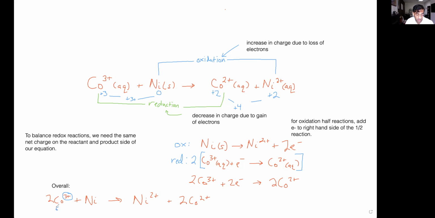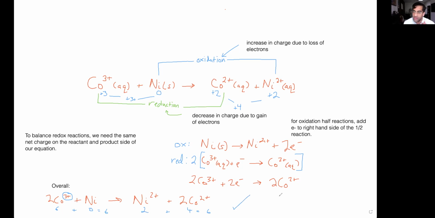Okay, so that's 6 and 0, right? Because that's still neutral. Here I still have a 2, but now I take 2 multiplied by my 2 plus, and I have a 4. Okay, so 2 plus 4 equals 6. 6 plus 0 equals 6. And I have balance on left and right. So that is my new balanced equation.